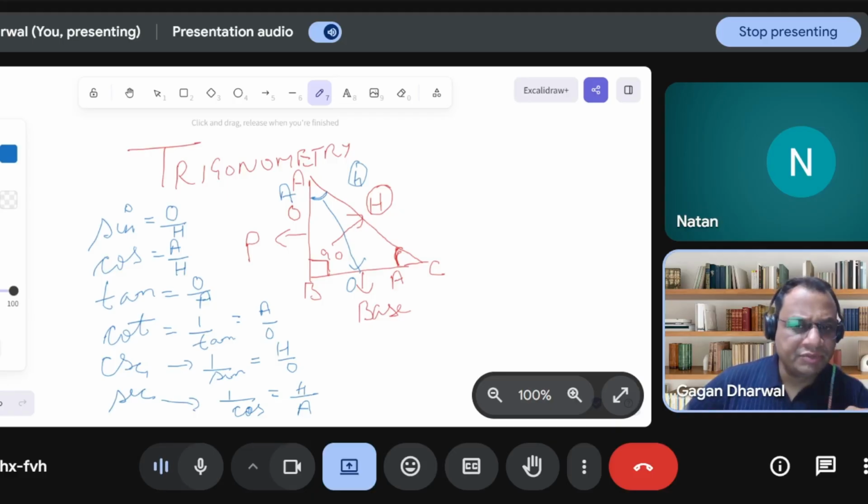In this figure, for angle A, the opposite will be BC and adjacent will be AB. For angle C, opposite will be AB and adjacent will be BC. The opposite is the side opposite to the angle we are considering, adjacent means the one just next to it, and hypotenuse anyhow is the side opposite to 90-degree.